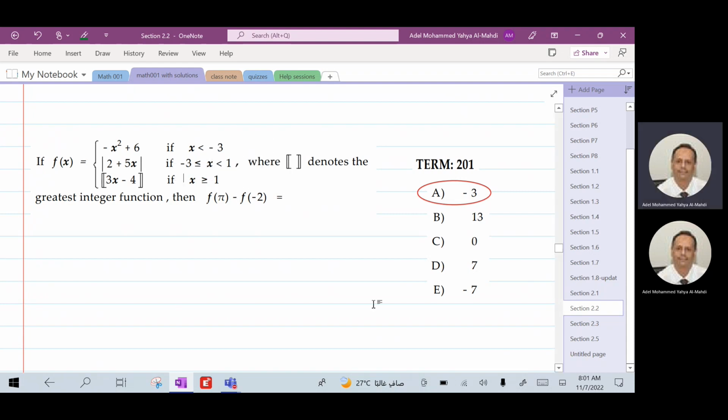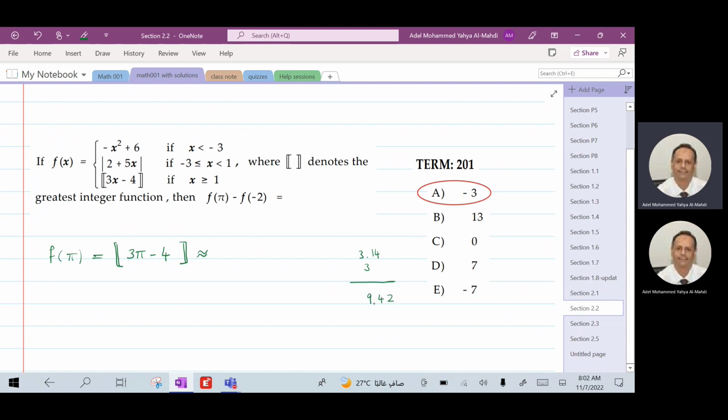Now we will replace every x by pi. Then f at pi is 3 pi minus 4 inside the greatest integer function. And this will be around what? We need to find 3 pi. So we multiply 3 by 3.14. 3 by 4 is 12, then this will be 4, and this is 9.